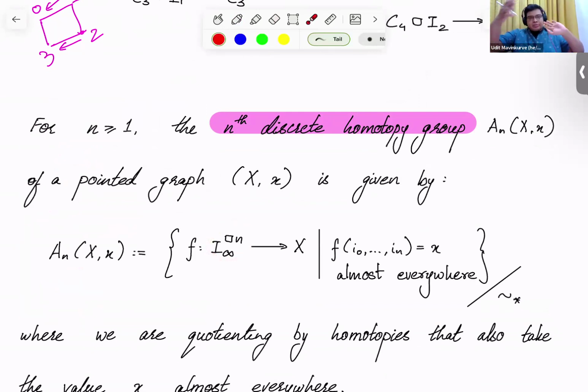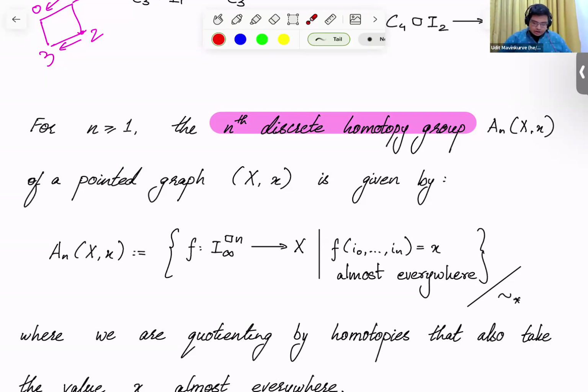So you take I infinity, which is the infinite interval, and take the box product with itself n times. So you have an n-dimensional cube, but it extends infinitely in both directions, in all 2n directions, in fact. And then you're looking at graph maps out of this infinite sized n-dimensional cube into X. But then you want to have all the interesting things that are happening in only a finite region.